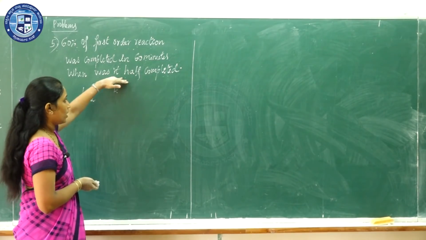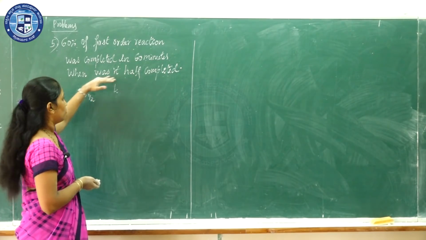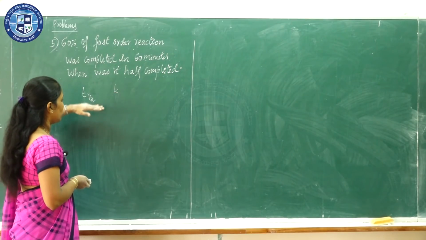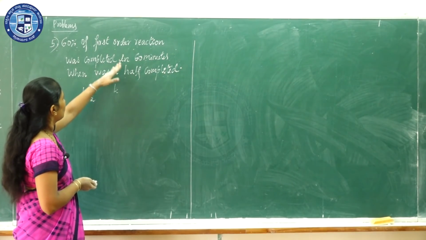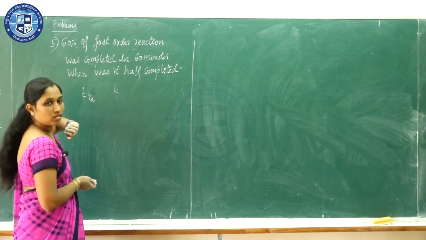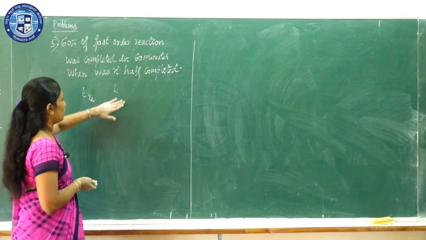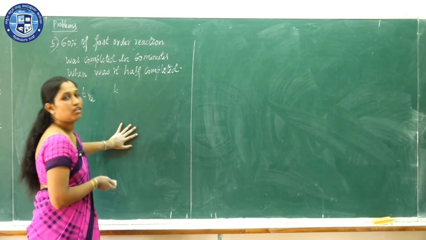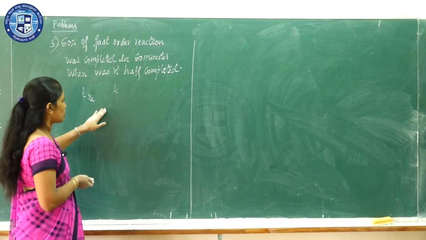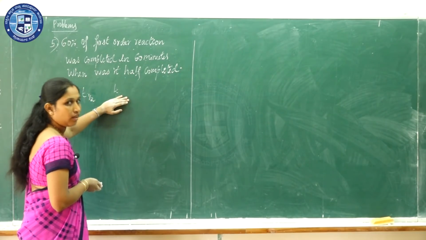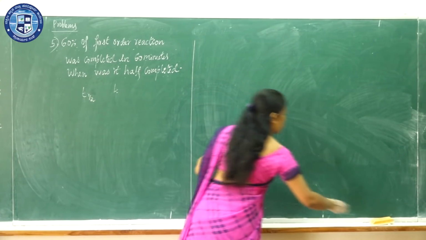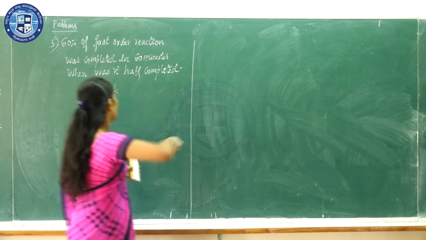So you are asked to find half life here, when was it half completed. Okay. So but K is not given here. So first we will be finding K from the data given. Later we will substitute for K and then we will find what is T half. Okay, so we will start solving the problem.